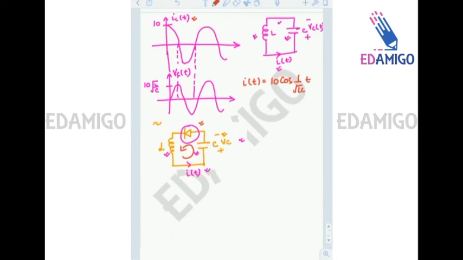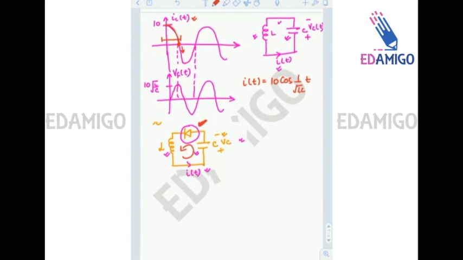But when the current reduces from 10 to 0 and after 0 it tries to go negative, then this diode will open circuit itself. That is, the current will flow only for this time duration. Okay, and after that the diode will turn off, right?